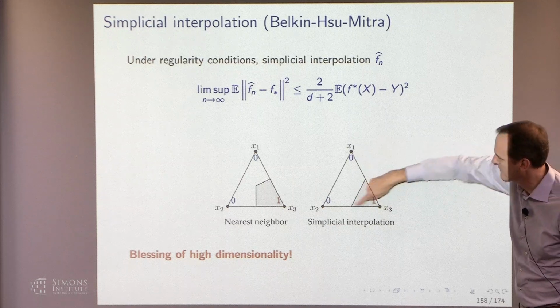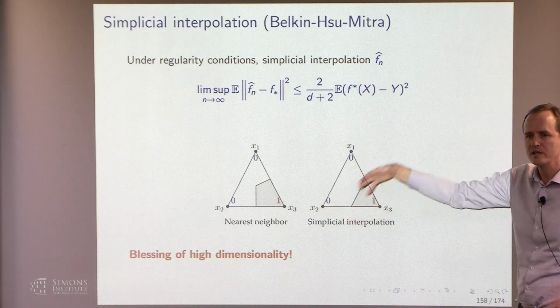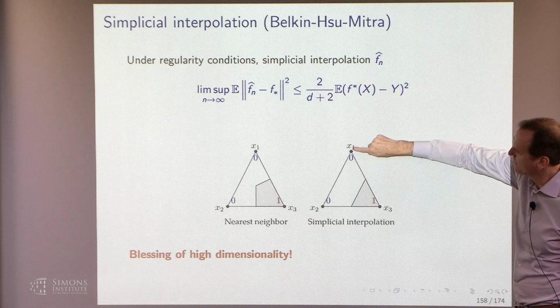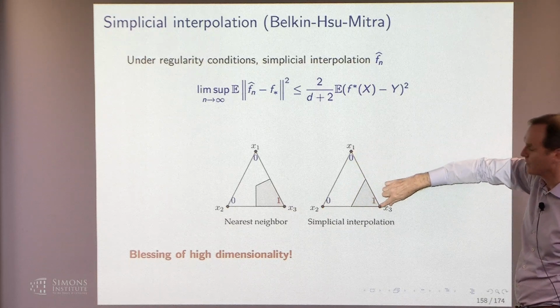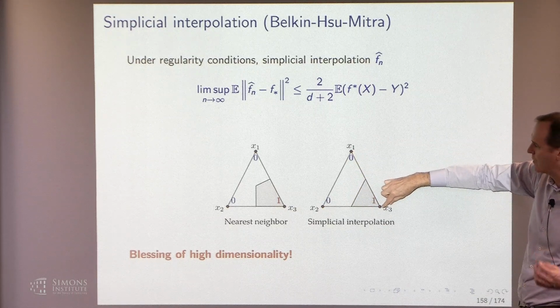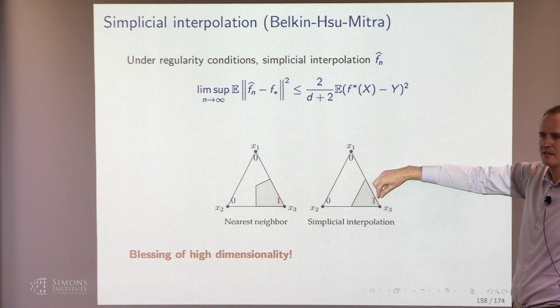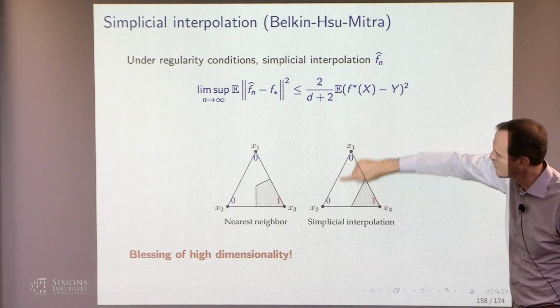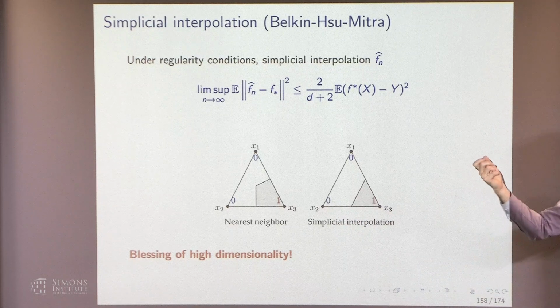So if I'm here and these are the three points in this simplicial partition, then I'm going to predict using the labels associated with those points. But I don't just pick the nearest neighbor's label. I pick the linear function defined by those 3, or those d plus 1 in d dimensions.